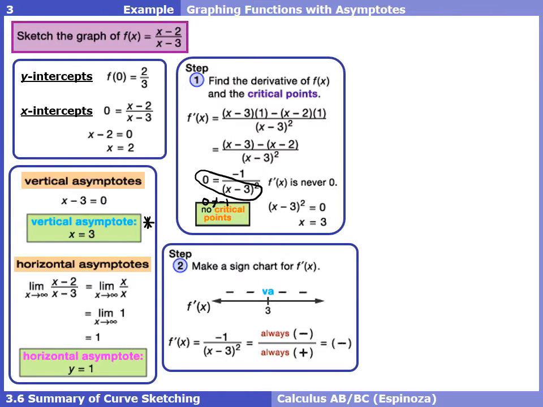So if it's always negative, then we can label our sign chart with just negatives. But like I said, I hope I didn't confuse anybody by doing it this different way. I just observed that we didn't really have to pick a number to the left and to the right. I think for most of us, though, that would probably be the easiest way to do the vast majority of problems, because this little trick might not always work. So our function is decreasing before 3, and it's still decreasing after 3.